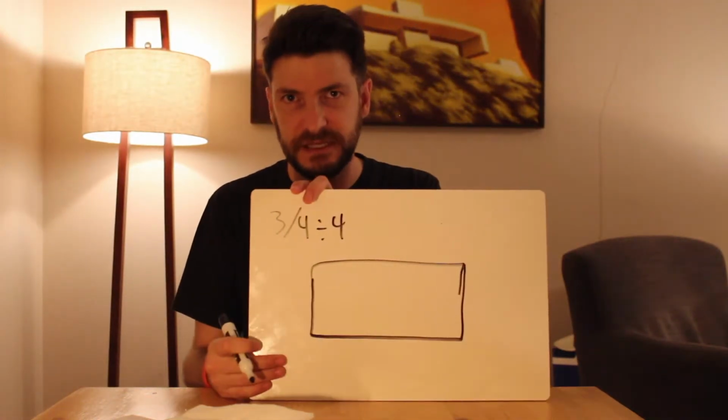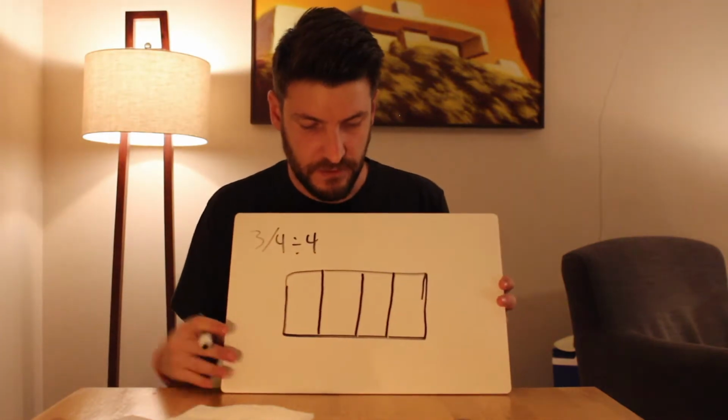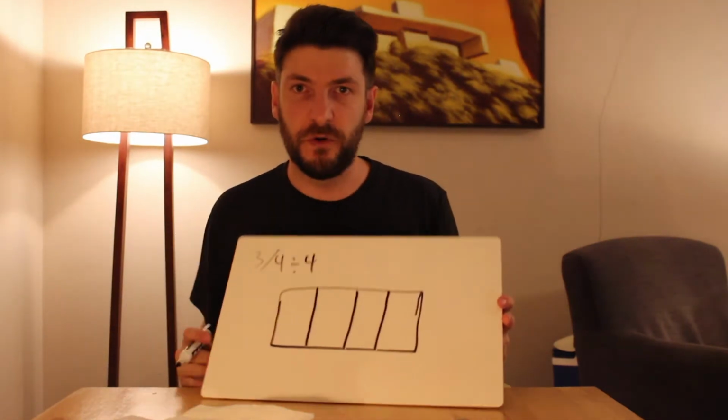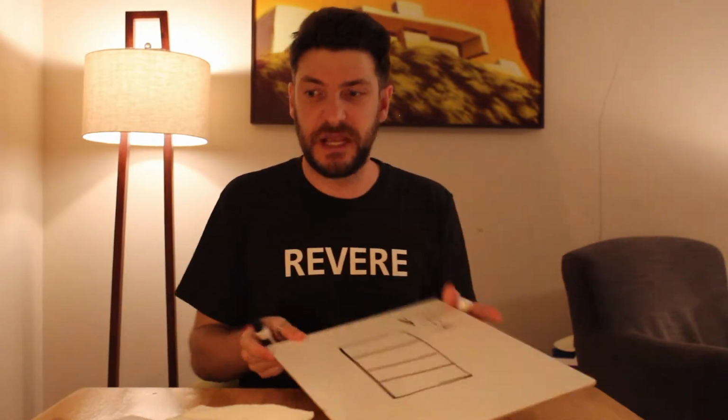Now I'm going to split this into fourths. Okay? 1, 2, 3. Alright, it's not perfect, but you can see I have 1, 2, 3 fourths. Now I'm only working with 3/4. So let's shade that first.